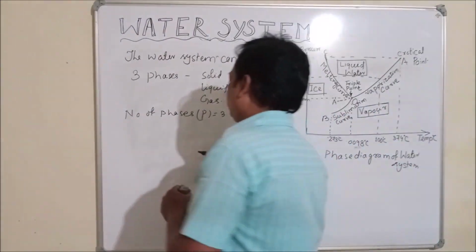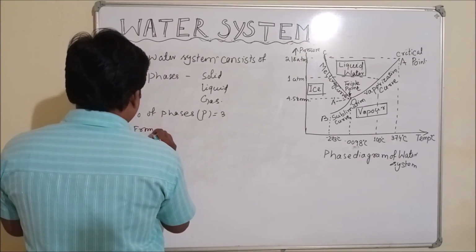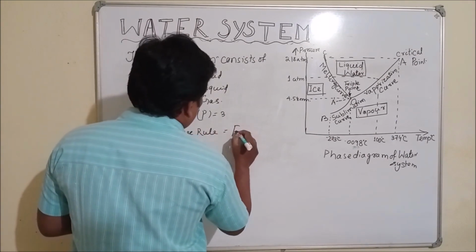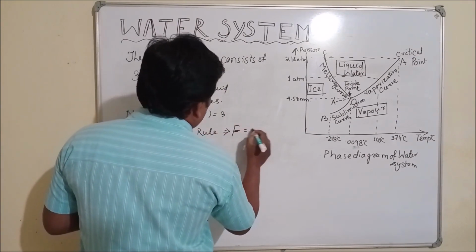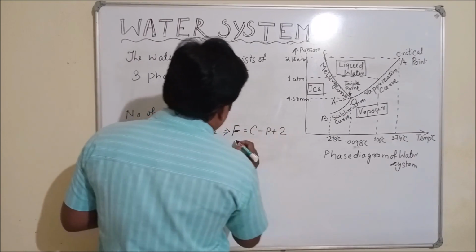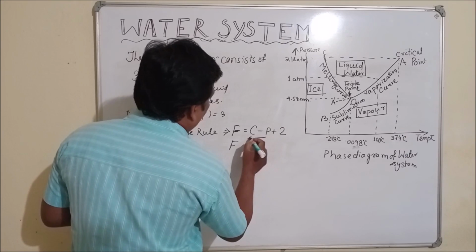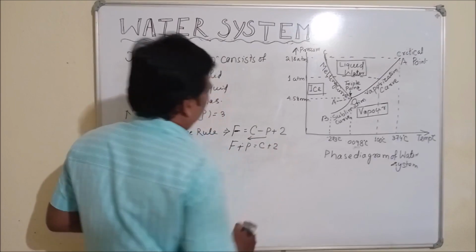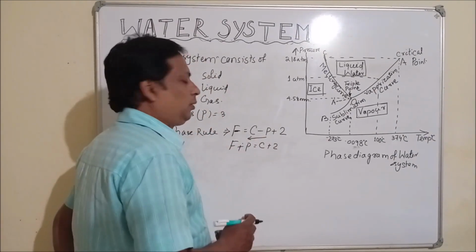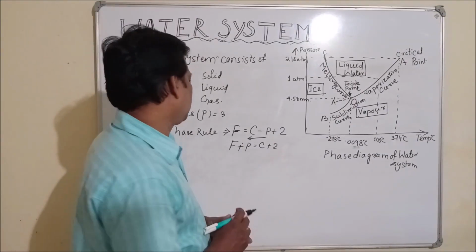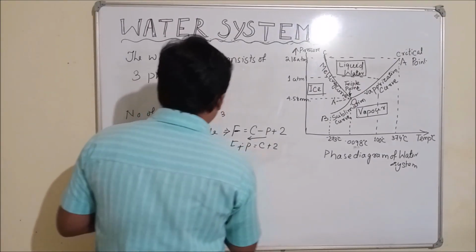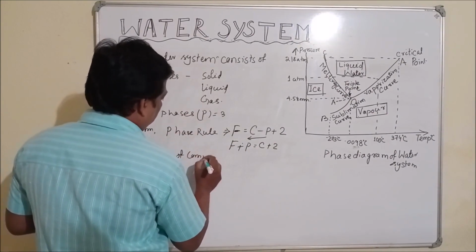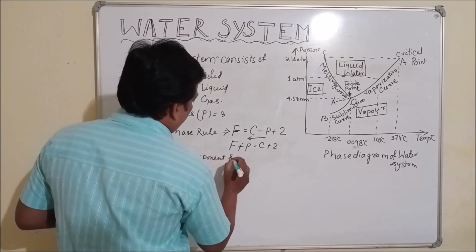So from the phase rule, F equal to C minus P plus 2. If we take P to the left side, it becomes F plus P equal to C plus 2. What is the number of components for the water system?